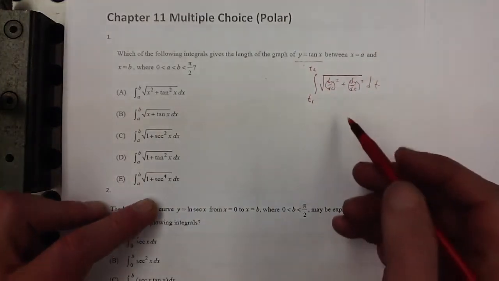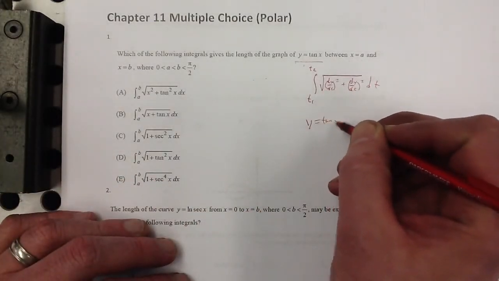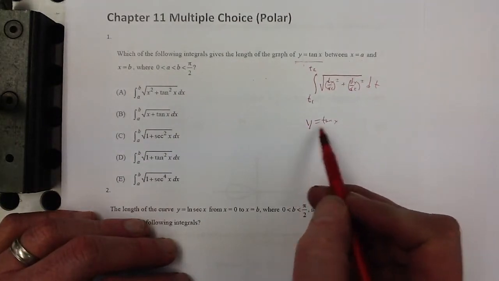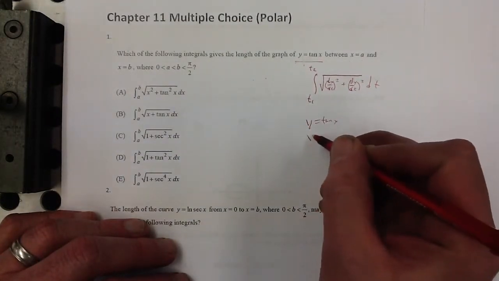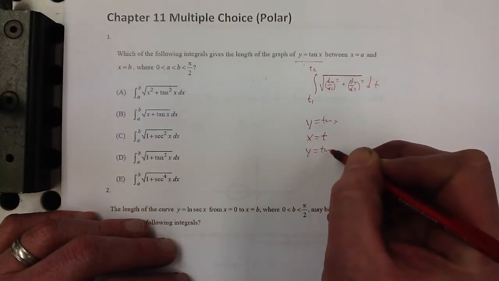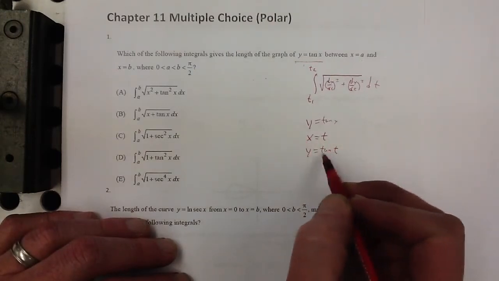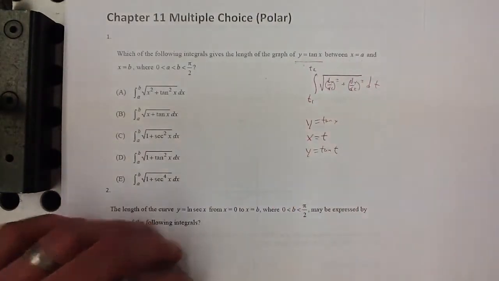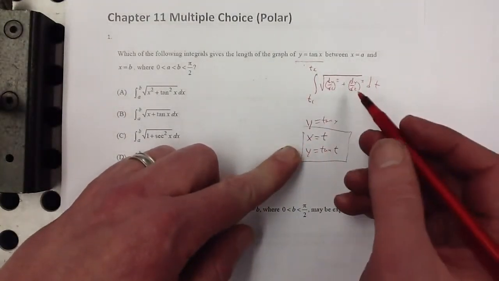Well, if you want to take a regular curve, let's say y equals tangent x, the easiest way to parameterize something that's already in function form is to say x is just equal to t and y is equal to tangent of t. It's just setting x equal to t and then y equals whatever your function was with a t in it instead. So that's the parametric version of this.